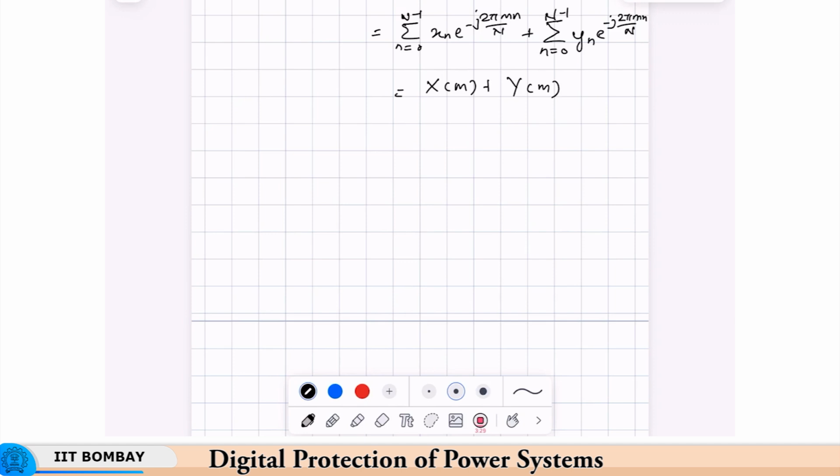So, what we are claiming, of course we will prove it, k is some integer. Now, we will see what the proof of this is.